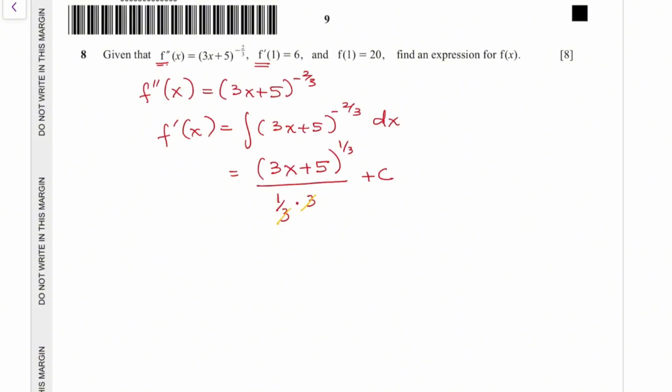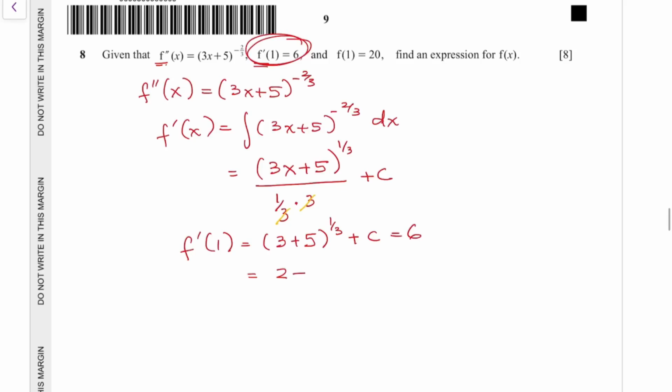And how do you find the value of c? You will make use of the value given to you, which is f prime 1 is equal to 6. f prime 1 is (3 times 1 plus 5) to the power of 1 over 3, plus c. And this is equal to 6. 5 plus 3 is 8. 8 to the power of 1 over 3, that's 2.